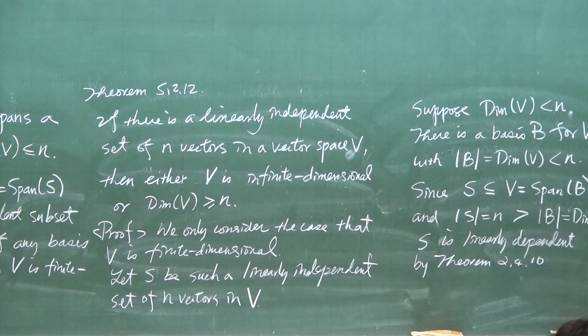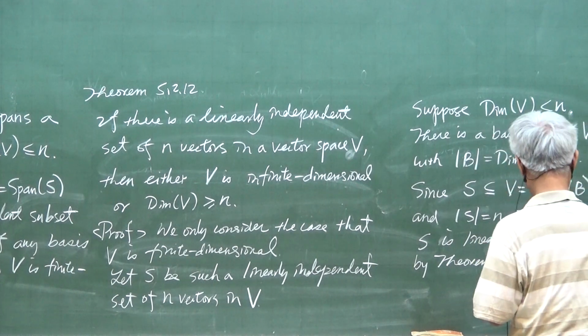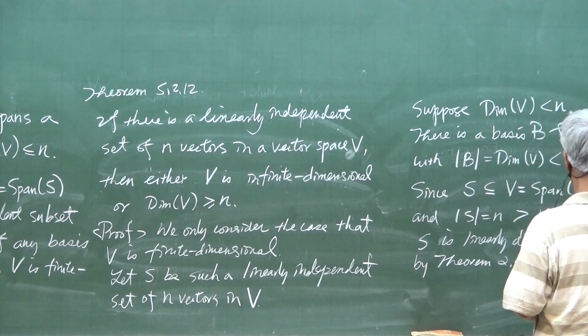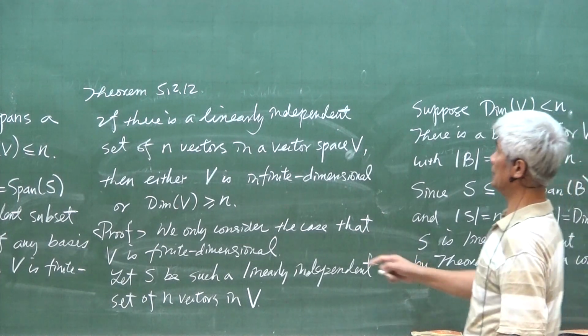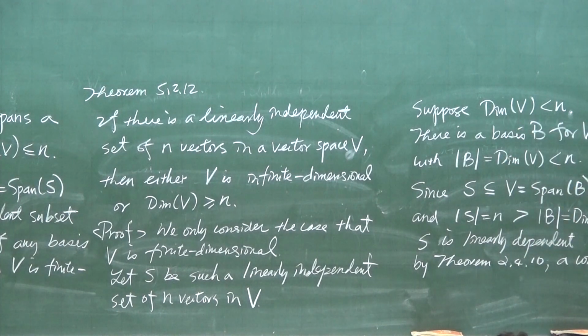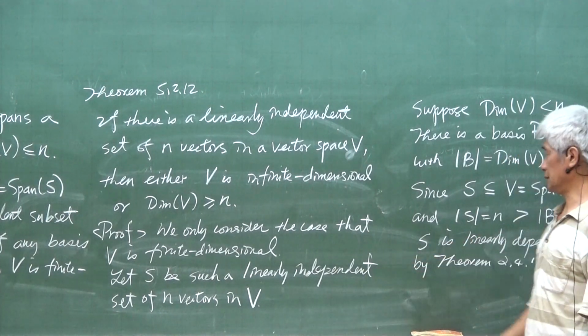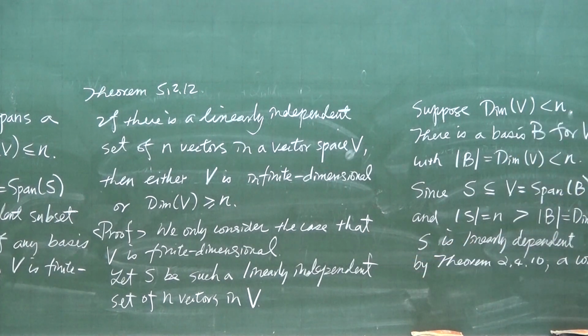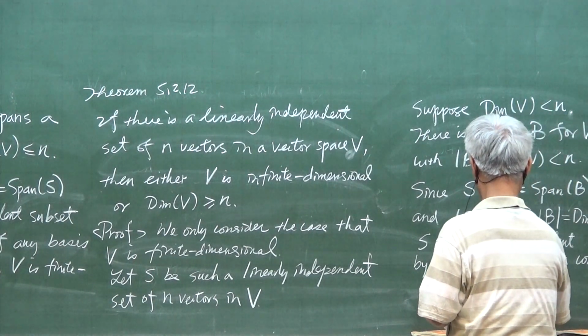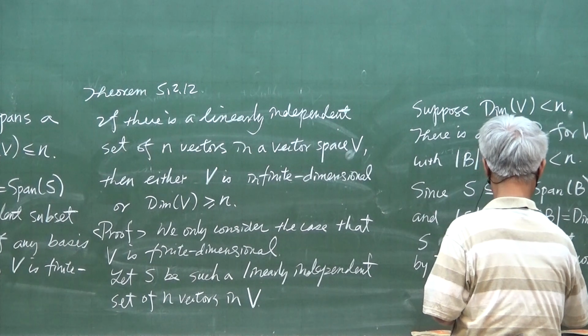Okay, so that is a contradiction, because the set S is linearly independent by construction. So we got a contradiction. So the dimension of V should be greater than or equal to n.